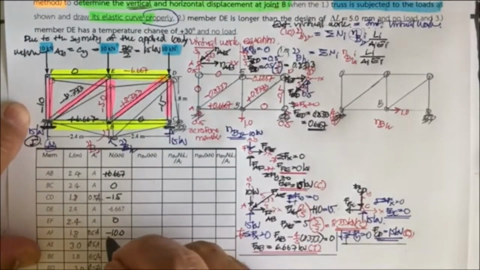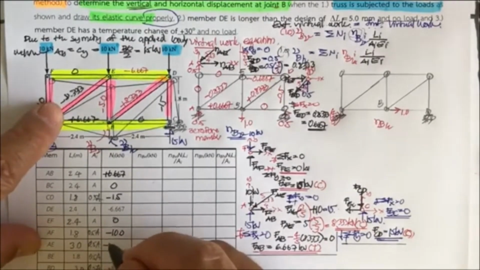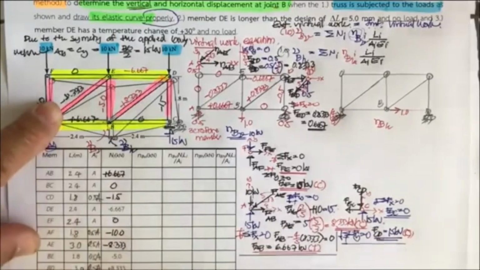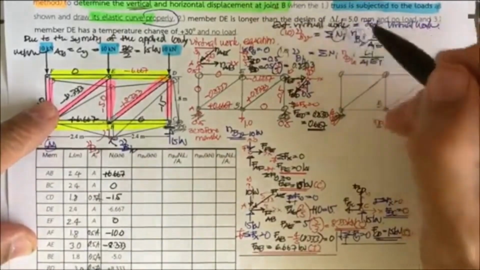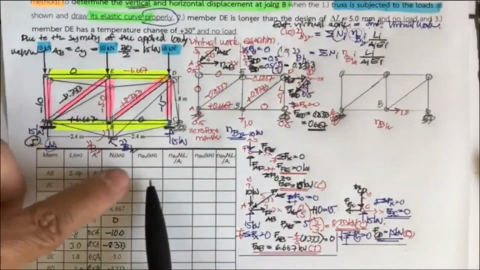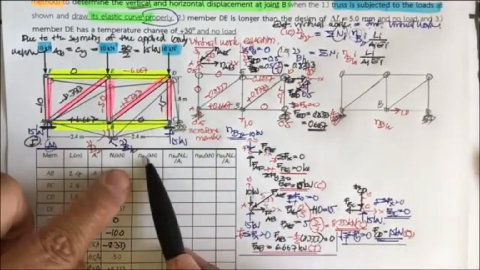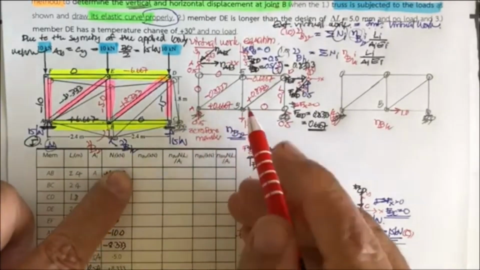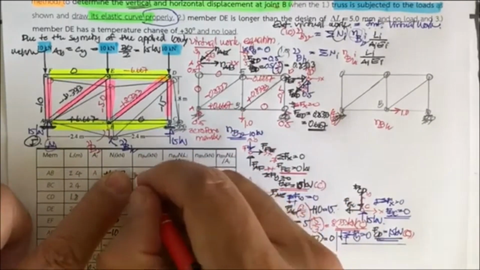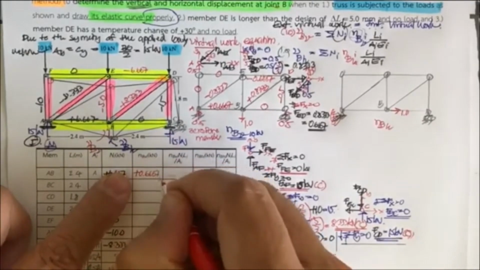Don't forget about the sign here. And AE is minus 8.333. Now we have this already. And the last one is the normal force at B vertical, and what we have for AB is 0.6667.